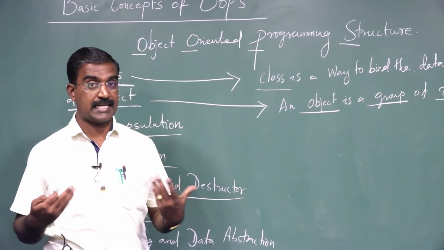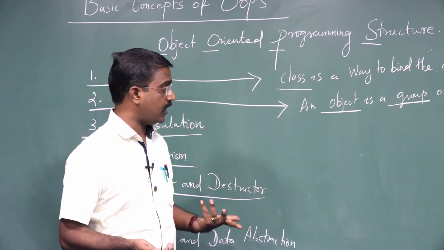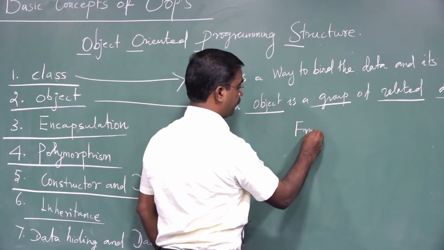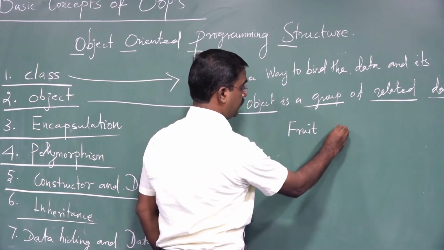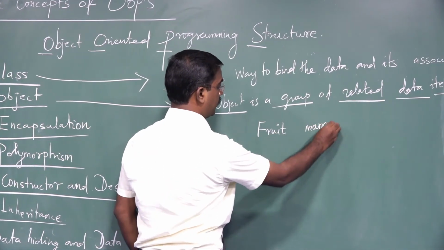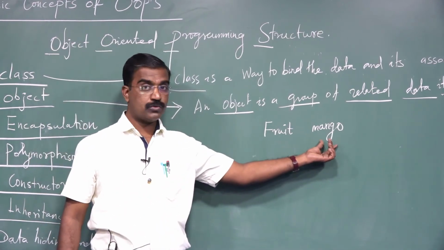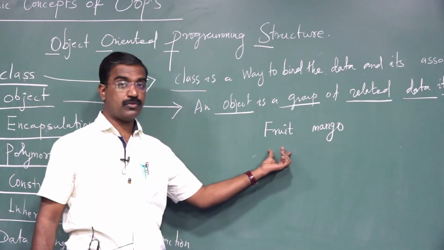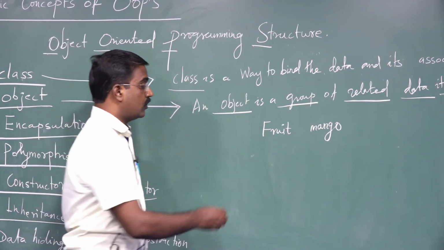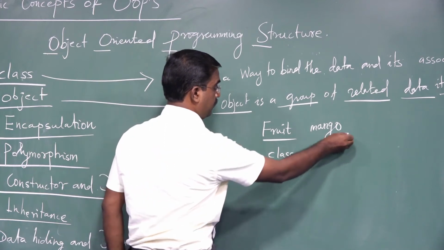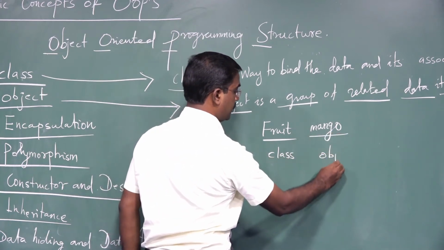Sir, if you tell any example? Fruit. Here, mango. If you want a mango, this is one type of fruit. So fruit is a class, mango is an object.